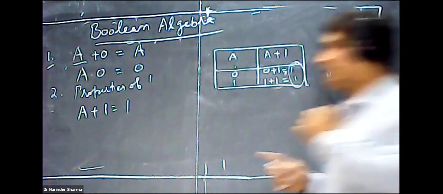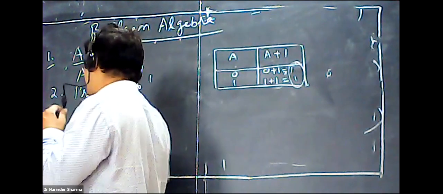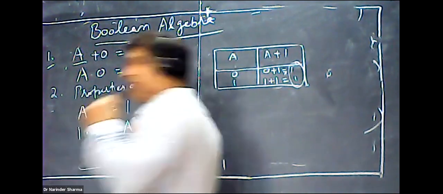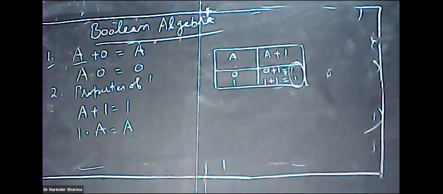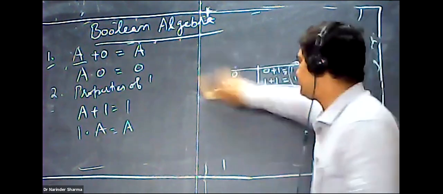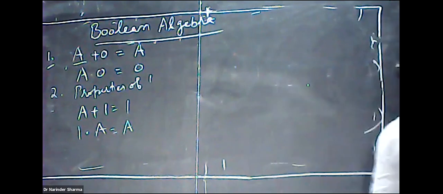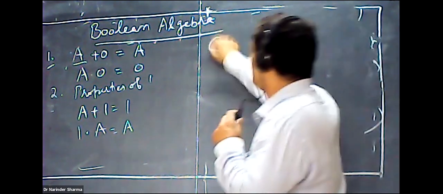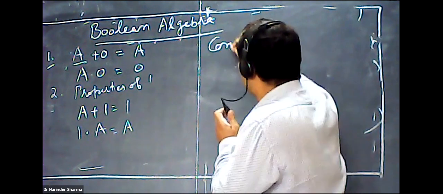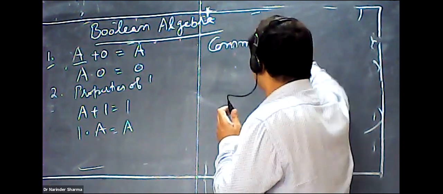Now, if we multiply 1 into A, it will remain A. There is no change. Next law is the commutative law.